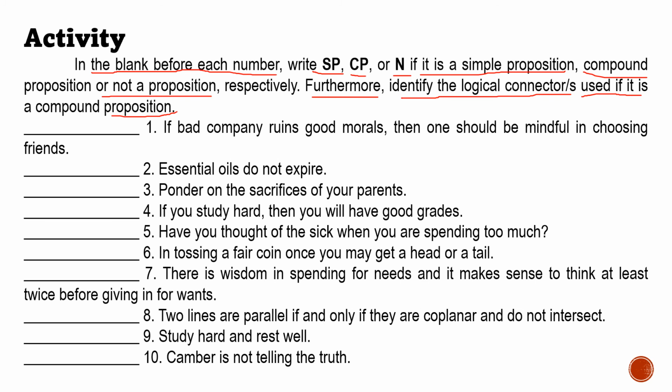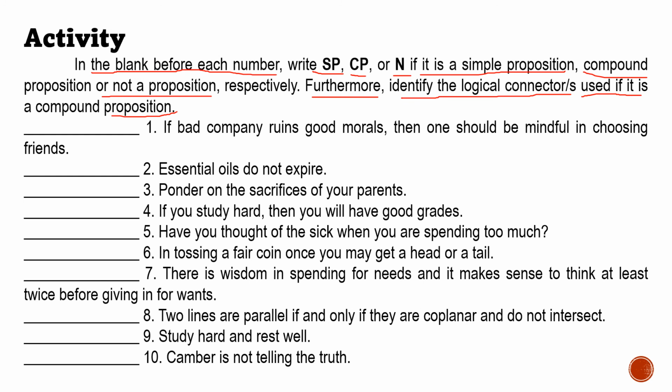Because you cannot move forward concluding that these given sentences are simple propositions or compound propositions if they are not propositions. The first thing to do is to determine if the given sentences are propositions or not.